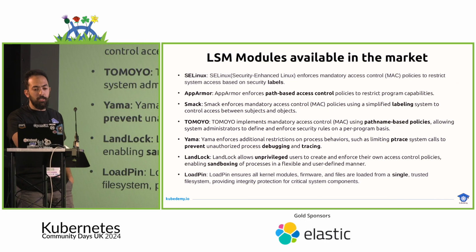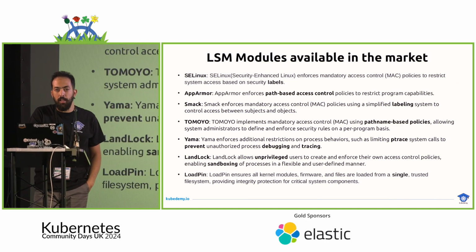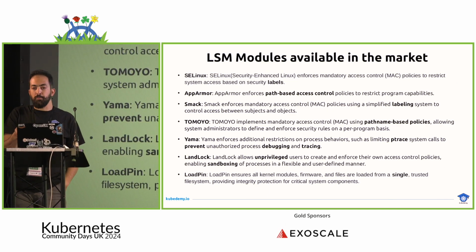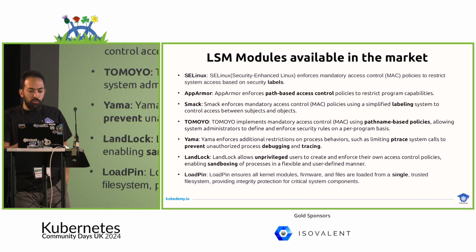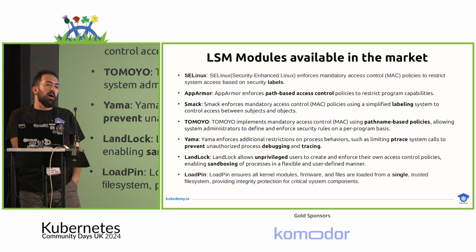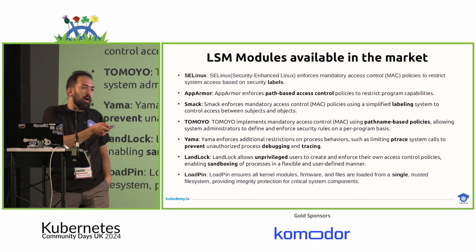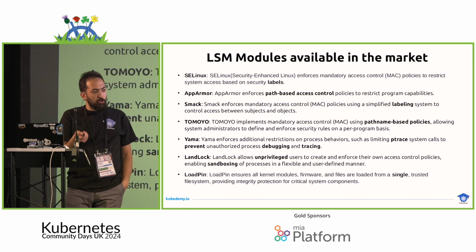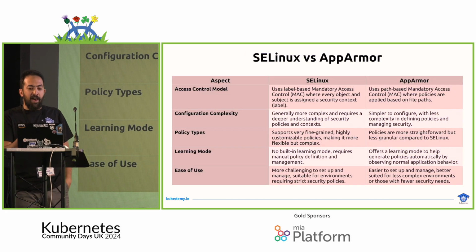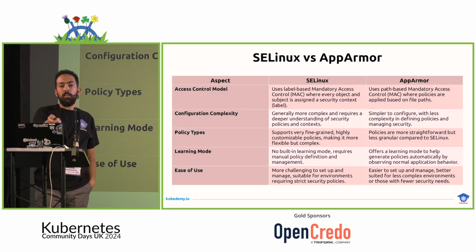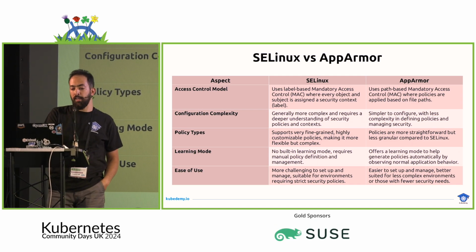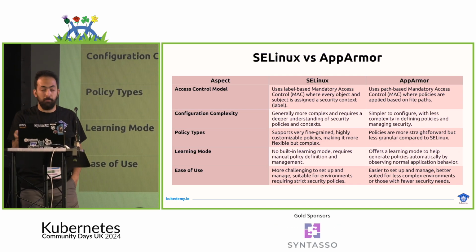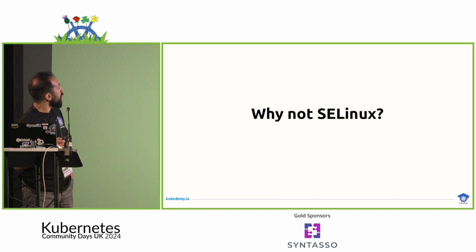For example, SELinux uses a label-based model, but AppArmor provides a profile-based or path-based model. So it's up to you to choose which LSM should be used. But in fact, SELinux and AppArmor are the major ones in the market. And if you want to compare them, you can check it out.